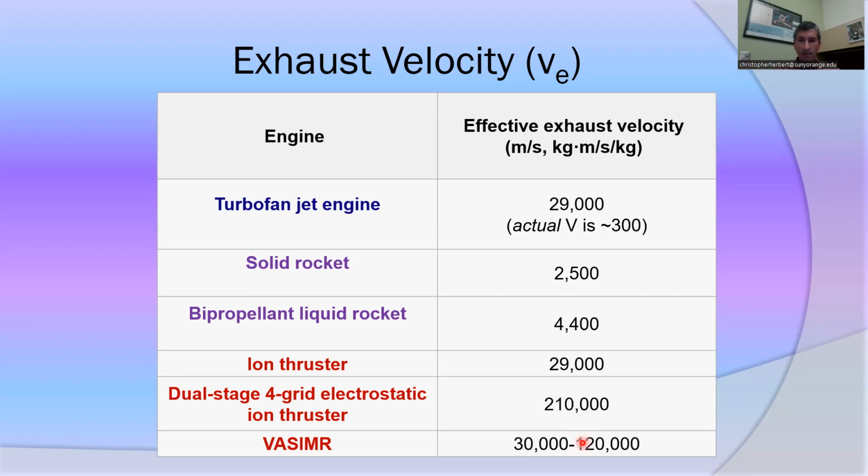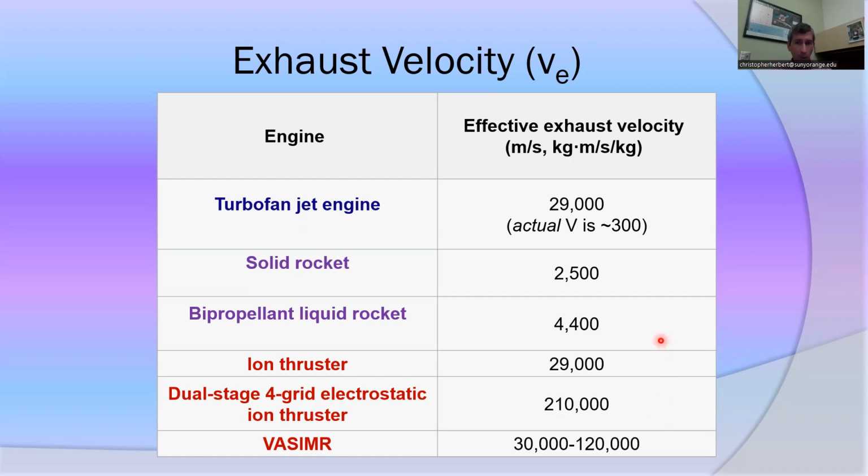Now, we will talk about some of these other types of propulsion later on, and we will see that by accelerating ions instead of using chemical energy to propel the exhaust, we can actually produce much greater efficiencies, larger delta Vs for the same amount of fuel that's burned.